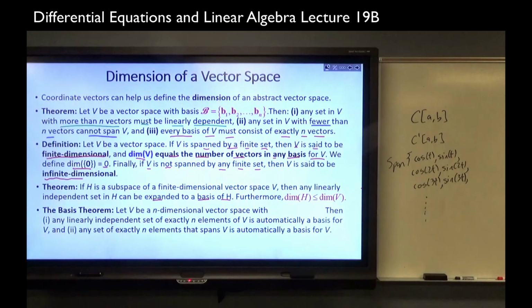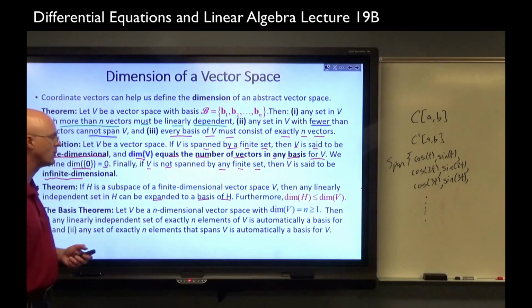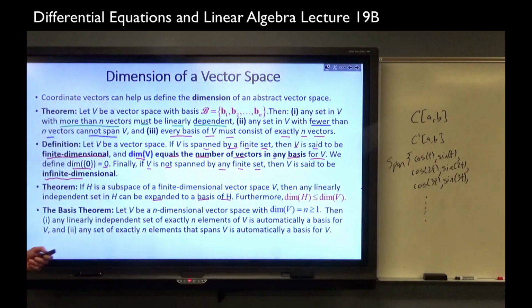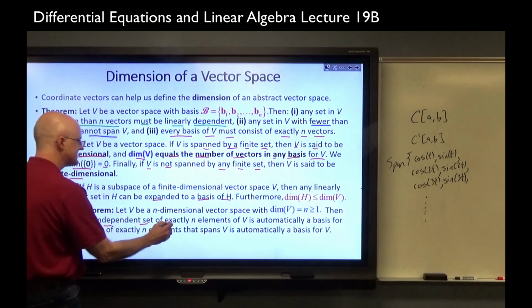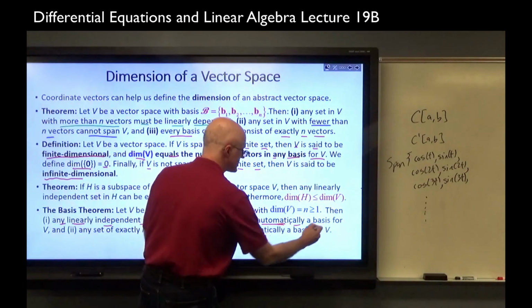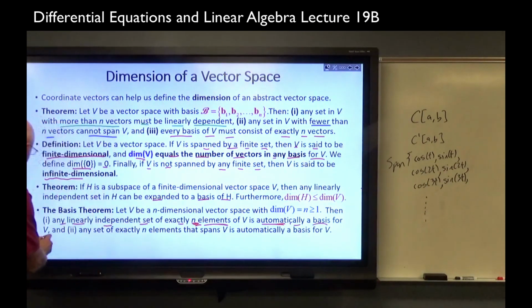And finally, we end with something called the basis theorem. Let V be an n-dimensional vector space with dimension greater than or equal to 1, so V is not the trivial vector space. Then two things can be said. Any linearly independent set of exactly n vectors is automatically a basis for the vector space.